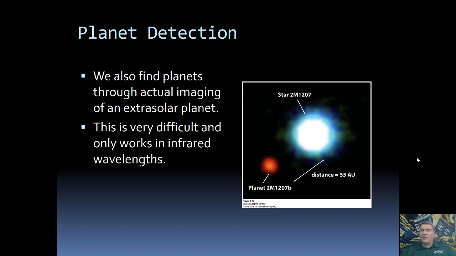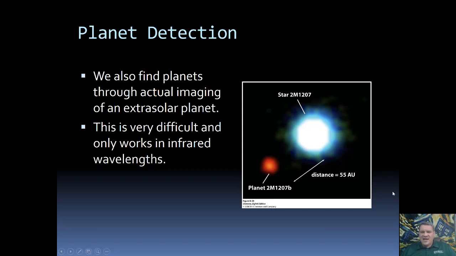However, in the infrared, if the planet is hot, it will actually be glowing. It will be giving off its own light, which means it's going to be much brighter. And even newer techniques have figured out ways of blocking out the central star. And in that case, it's going to be even easier. It's still not easy, but it is easier to then spot the planet itself.